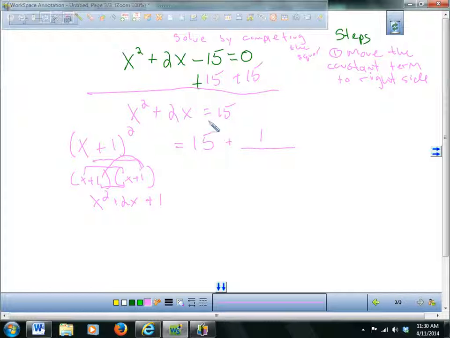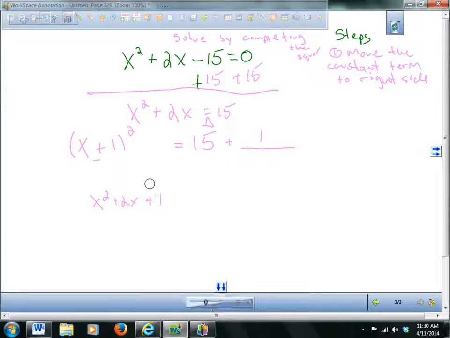Look, this is a scale, right? Right now my scale is balanced. You understand that? Now I'm changing this left side. I'm rewriting this left side as x plus 1 squared. What I showed you is that when I rewrite this left side as x plus 1 squared, this is actually equal to x squared plus 2x plus 1, not x squared plus 2x.